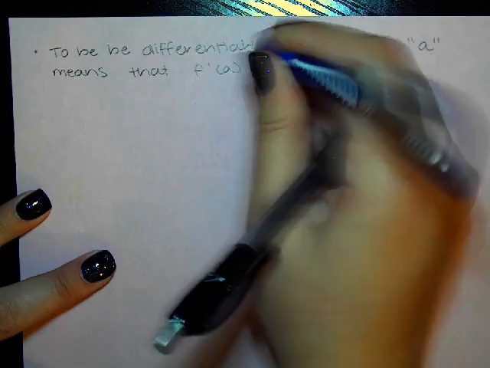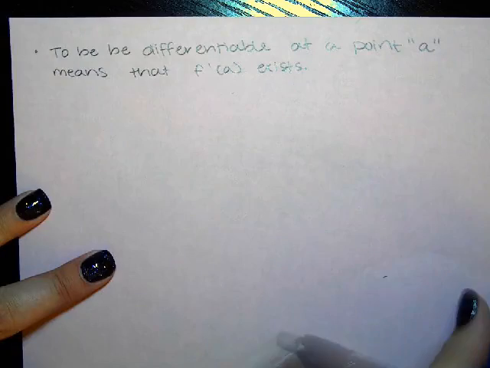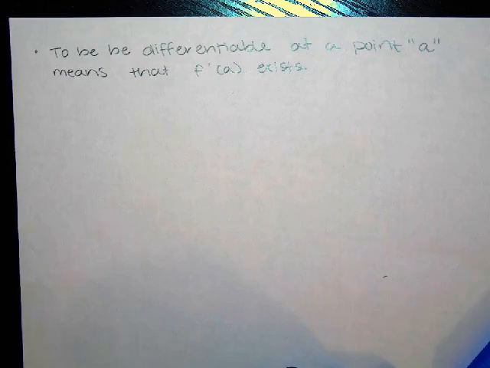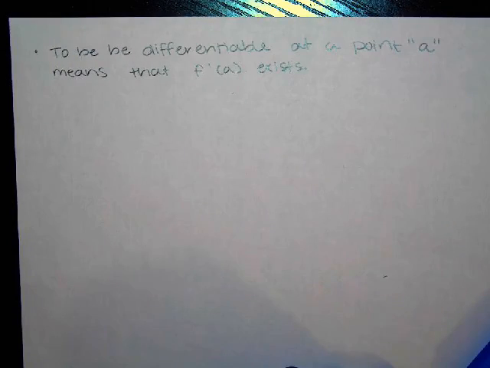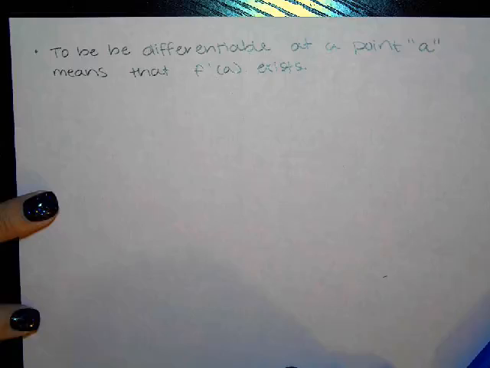And remember, f prime of A is just notation for a slope at a single point. So all that means is you're differentiable if you can find the slope at the single point. Then it's differentiable at that point.